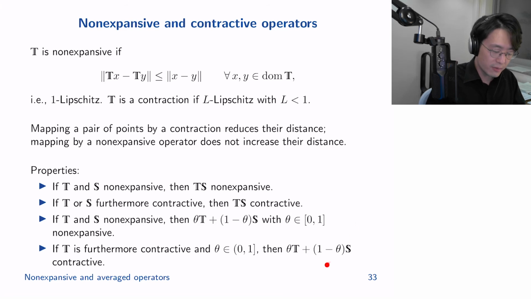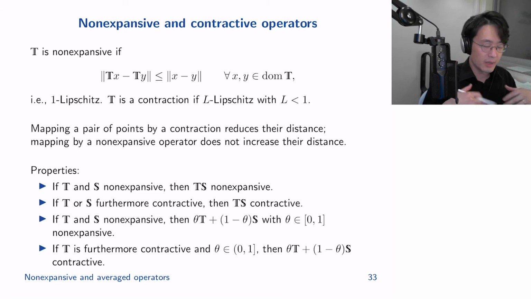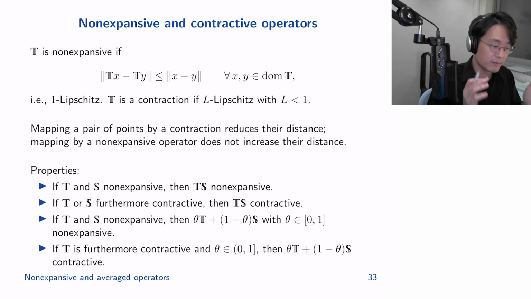These four statements can be proved by using the definitions of non-expansiveness and contractiveness. It's a basic analysis exercise. So if these statements are not obvious, then it might be worth trying to work them out.